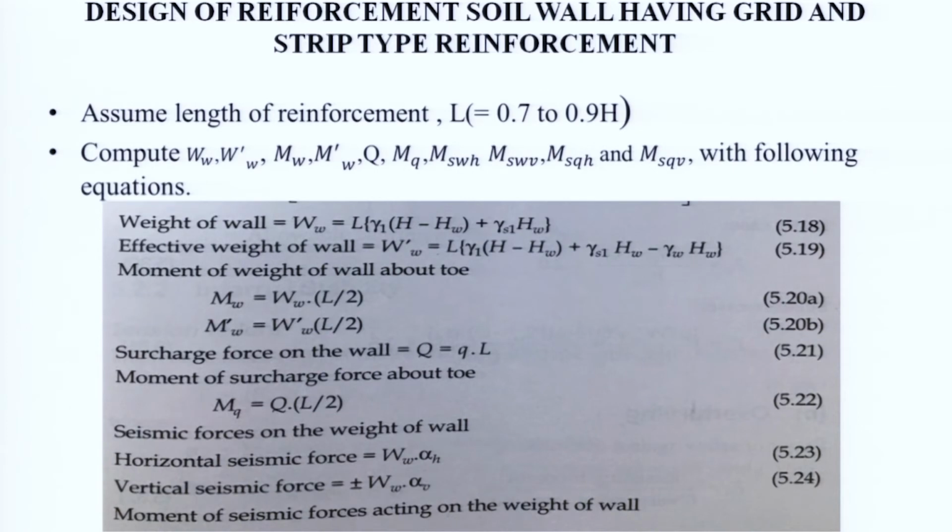So, now we have to go for assuming a length of a reinforcement, and length should lie between 0.7 to 0.9 H. Now compute W, W dash W, MW, M dash W, Q, MQ, MSWH, MSWV, MQH and MQV with the following equations.